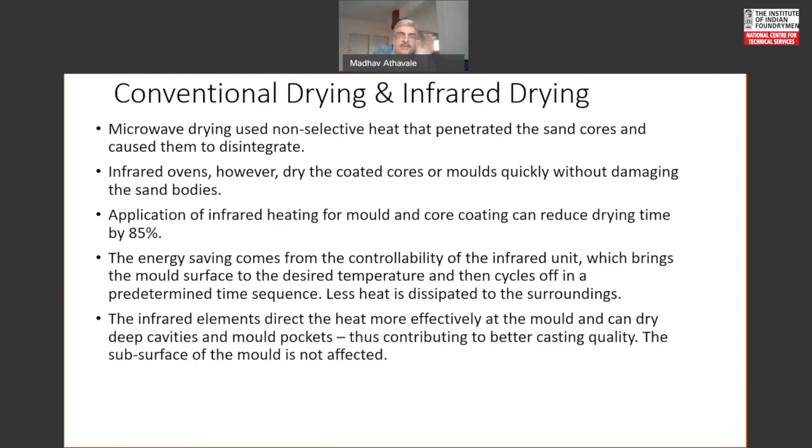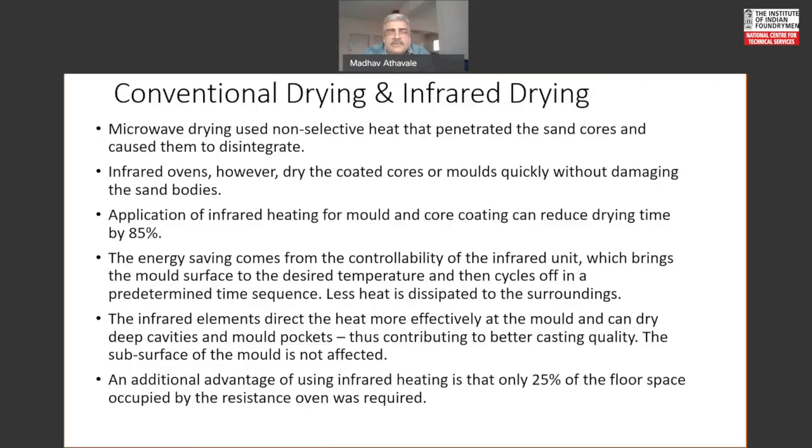I'm going through quickly because we have lesser time now. Now, infrared elements will direct the heat more effectively at the mold and can dry the deep cavities. So, better casting quality. And it uses lesser floor area as compared to resistance ovens or any other big drying ovens.